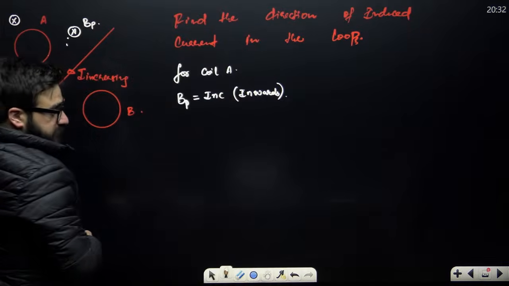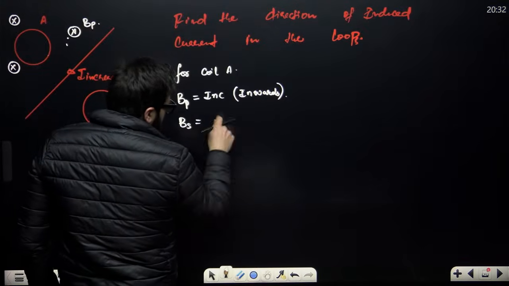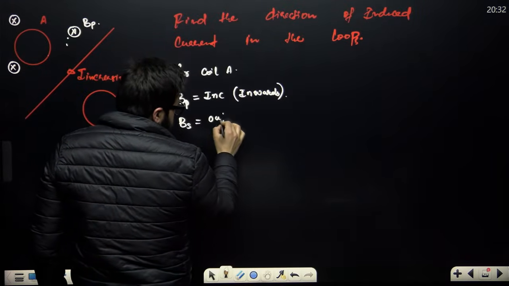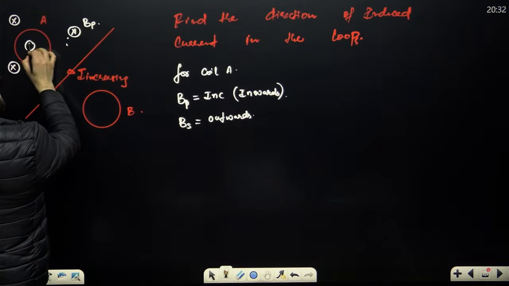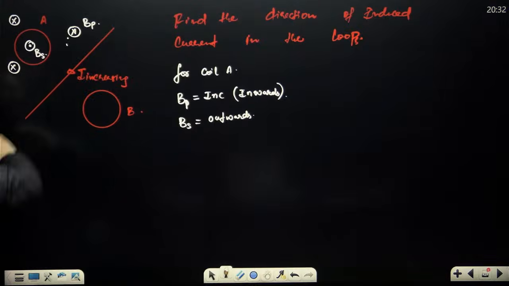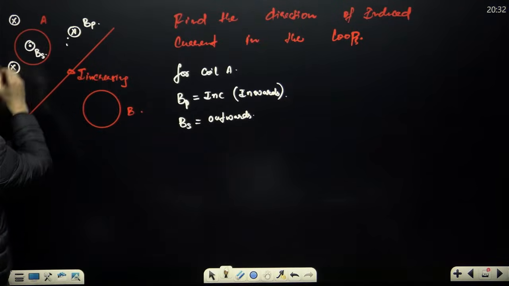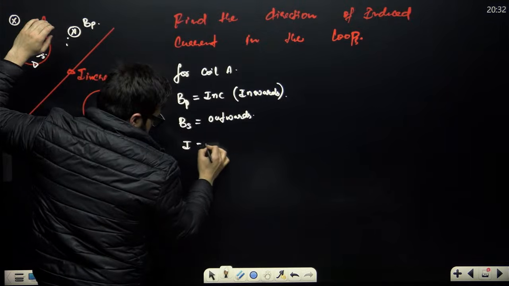That is inwards. So B secondary in this particular case has to be outwards. How is it possible that B secondary is outwards? Outward means dot, when the direction of the current is anti-clockwise. I is ACW.